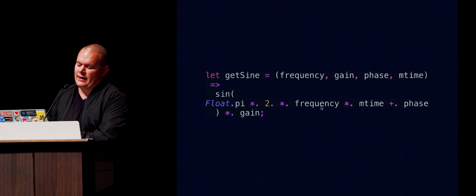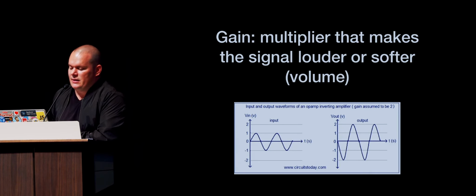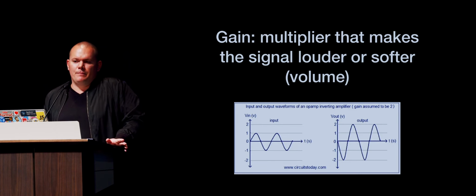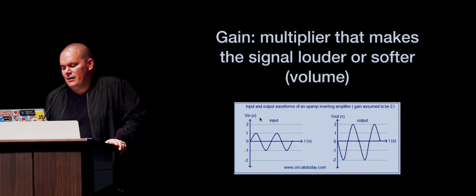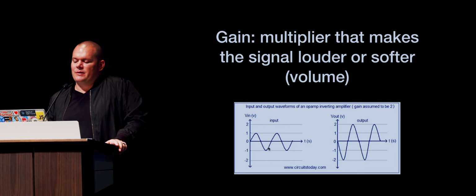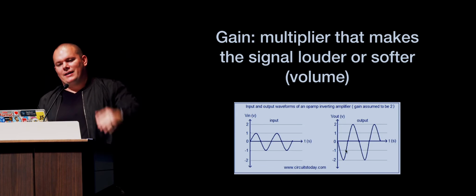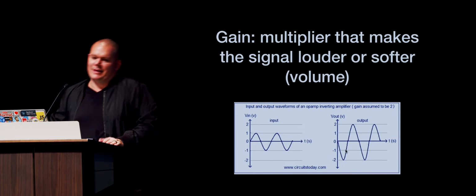It's 2 pi times the frequency times the time in samples plus your phase, and then you multiply it by your gain. The gain is a multiplier, and it makes it louder or softer. It's essentially your volume for each part. When you look at the wave on the left, that's just hanging out, and then somebody says turn it up, and it scales it vertically. That's your gain.